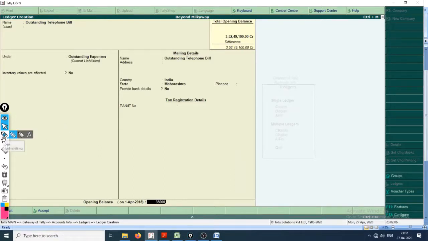We are going to have a dedicated lecture for outstanding expenses, but in case you still want to grasp it right now, I'll explain you the gist.